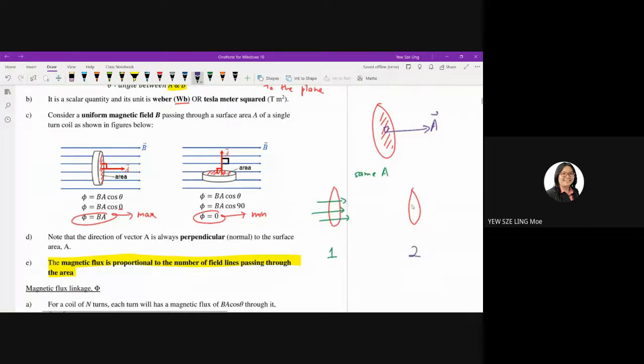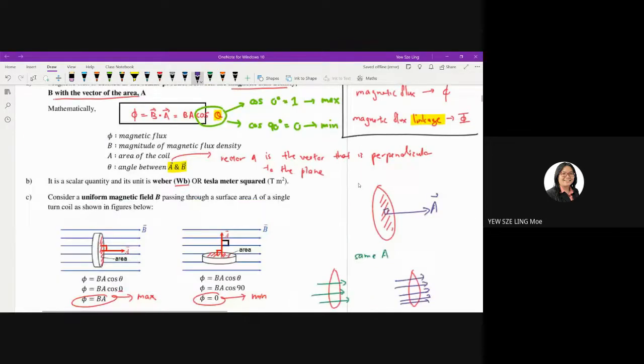And for coil number 2, it has 5 lines passing through it. So obviously number 2 has a greater magnetic flux because more field lines pass through the same cross-sectional area. That is the thing that you have to understand.